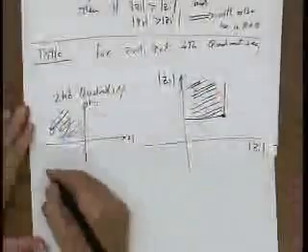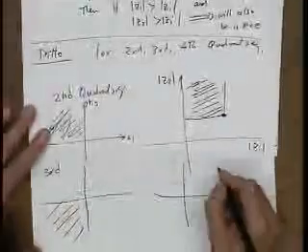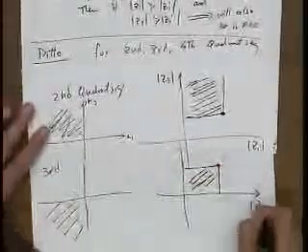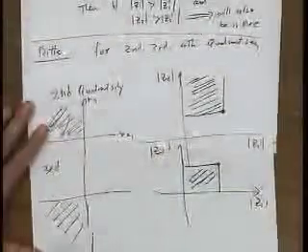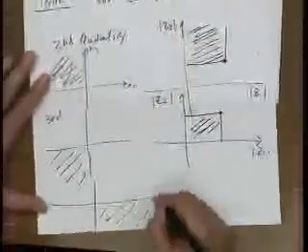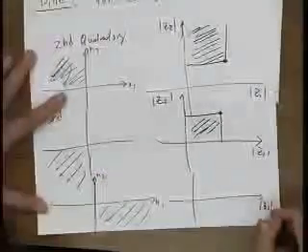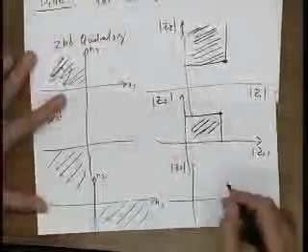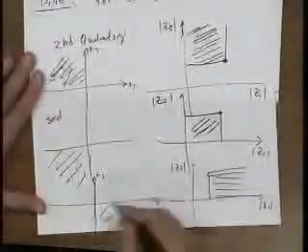Right? Third, the ROC would be in magnitude of z1, magnitude of z2. And if it is fourth, the ROC would be this. Okay.